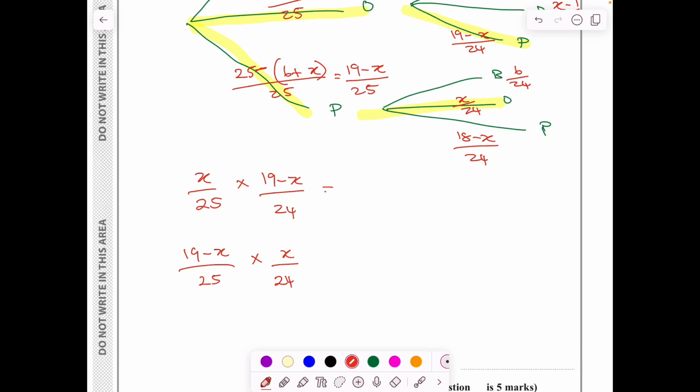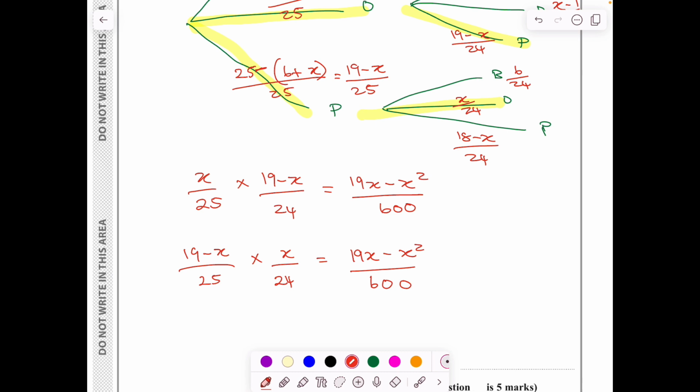So let's multiply those out. That gives me 19x minus x squared over 600. And then this one gives me 19x minus x squared also over 600.